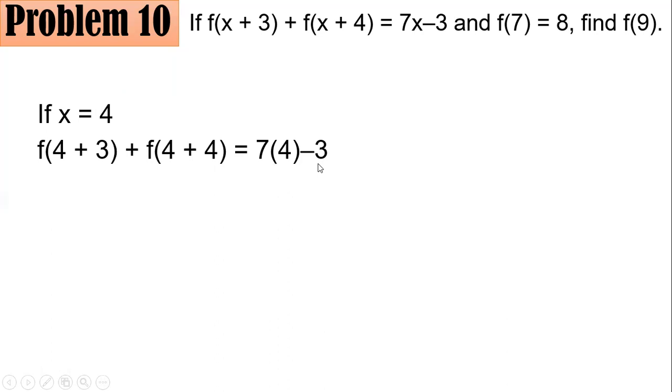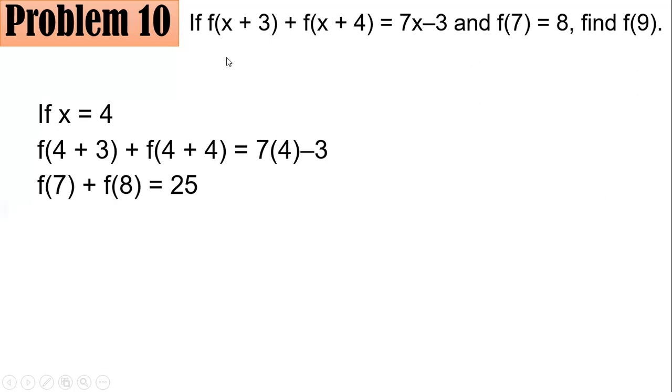So from there on, we could say that you have the equation f of 7, because 4 plus 3 is 7, plus f of 8 equals 7 times 4, that's 28 minus 3, which is 25.